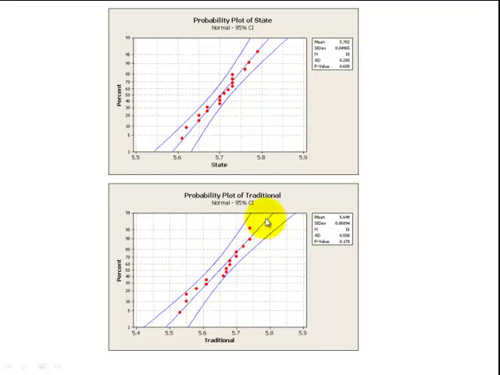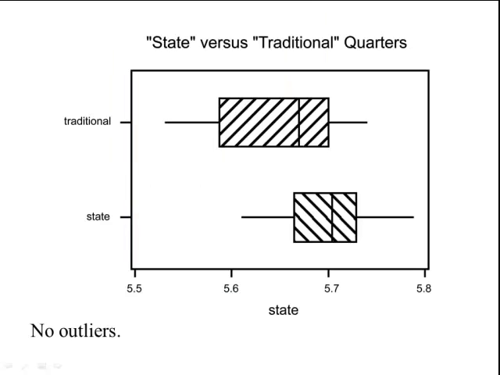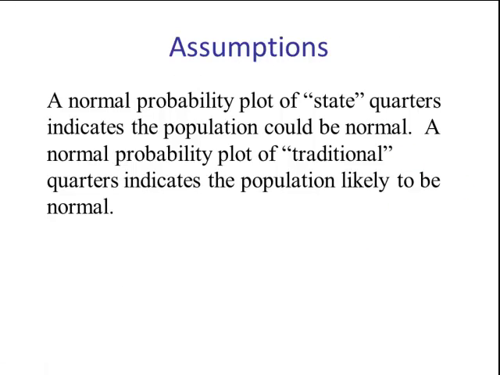Here's the probability plot for traditional quarters, looks good. If we want to double check, we can do a box plot and we see there's no outliers for either one. So for our assumption, the normal probability plot of state quarters indicates that the population could be normal. A probability plot of traditional quarters indicates that it could be normal or is likely to be normal. So since our assumptions are satisfied, we can do our test of significance, our hypothesis test.